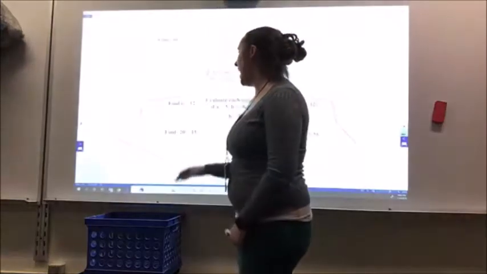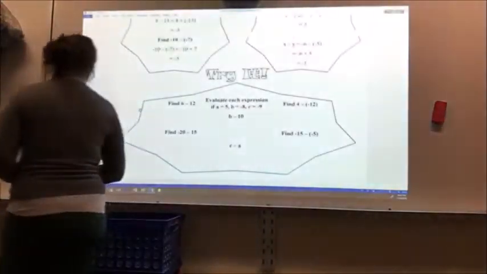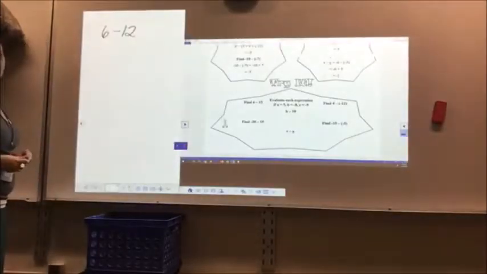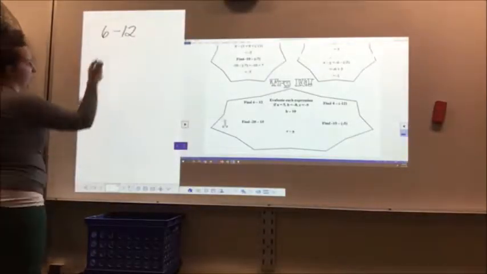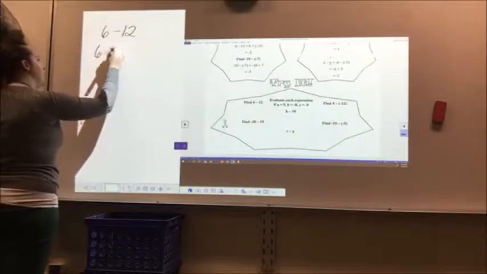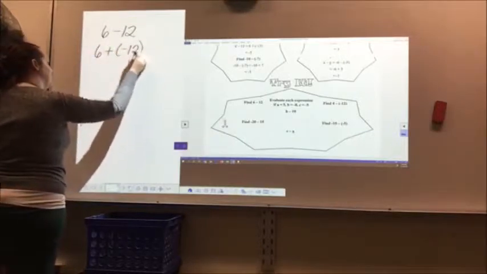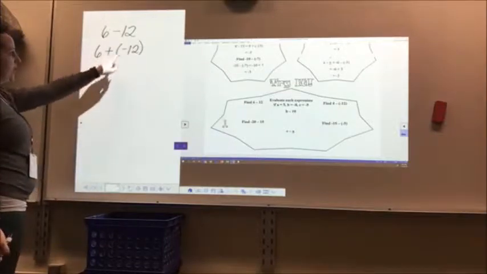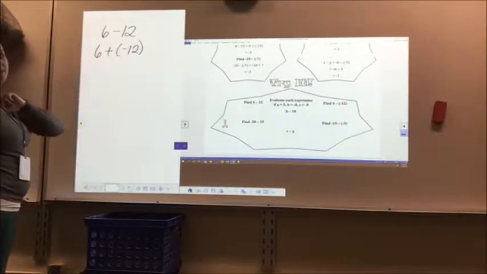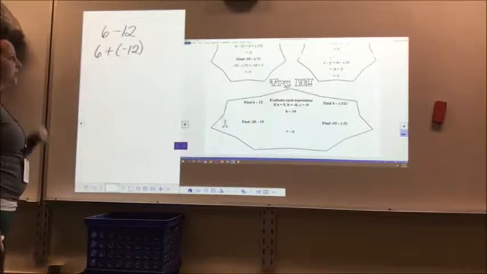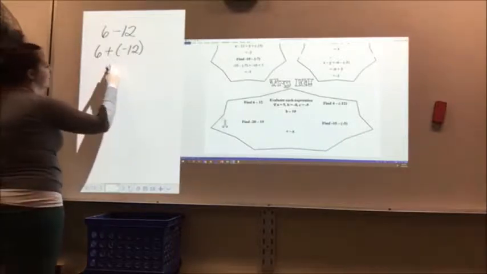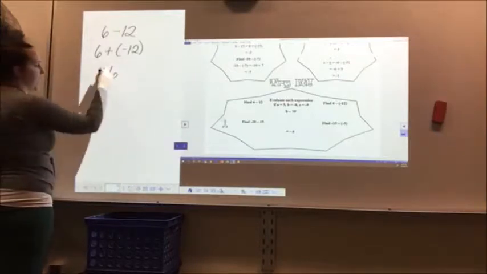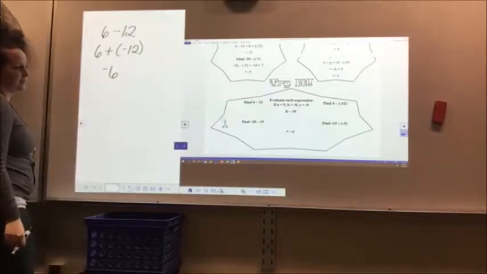So, the first one I have is find 6 minus 12. Okay. So 6 minus 12 I can rewrite as 6 plus a negative 12. So 6 and 12, 12 is negative, so they're different signs, so I subtract. 12 minus 6 is 6. 12 is bigger, 12 wins, 12 is negative, so my answer is negative 6.